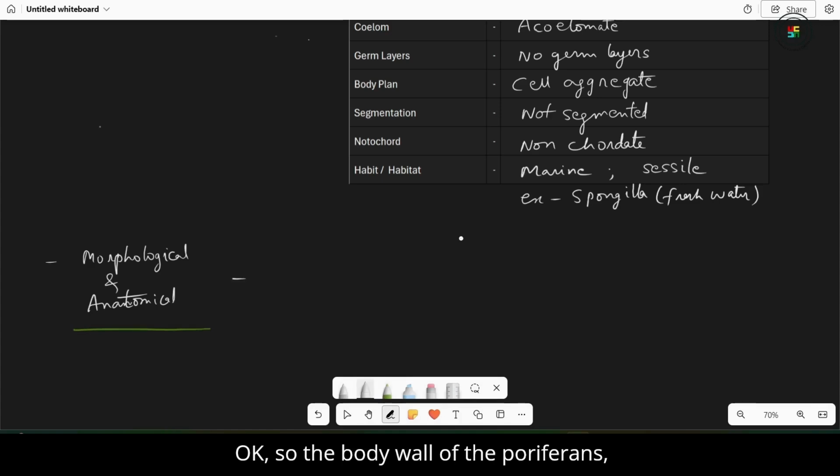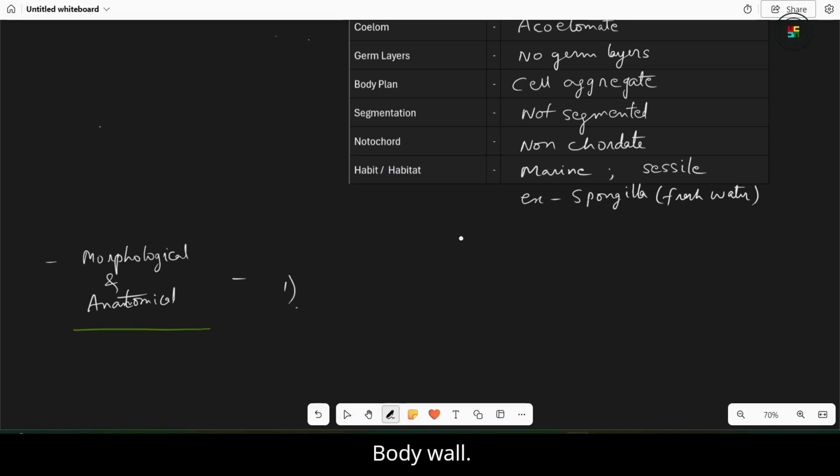Okay, so the body wall of the poriferans has the following layers. Body wall: it has, number one, the pinacoderm, which is the dermal layer.